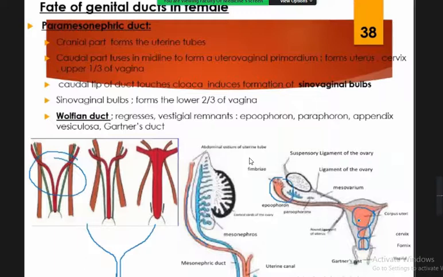All this is coming from the Müllerian duct system. The lower part of the vagina actually has a different origin. The lower part is going to come from the dorsal aspect of the cloaca. So they have different origins, and the lower part is actually 2/3 of the vagina.